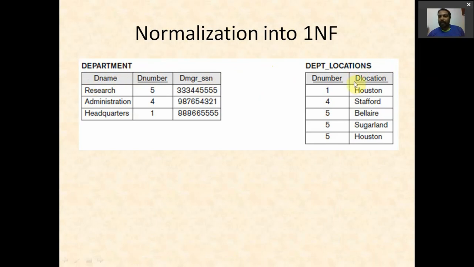We have removed the department location into a separate table and we have included the primary key, D number, and we have created a new table, department locations, and the primary key of this table will be department number, comma, D location. So the combination of D number, comma, D location will be the primary key of this new table.